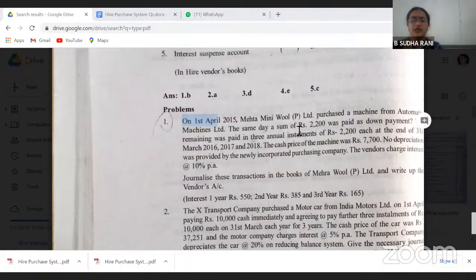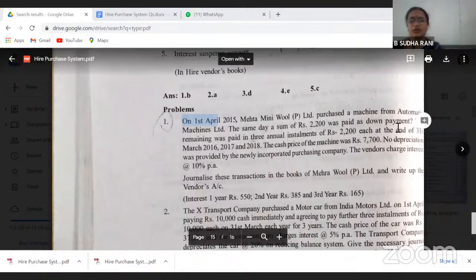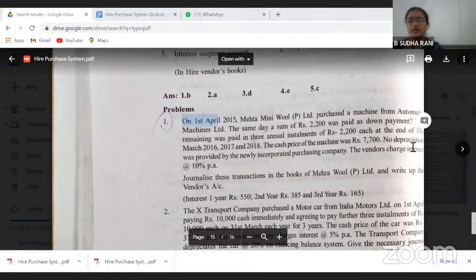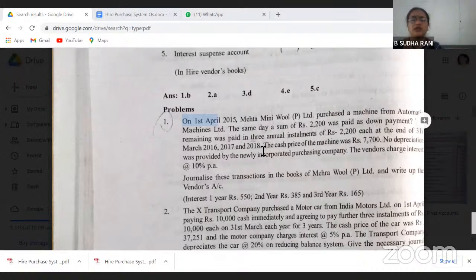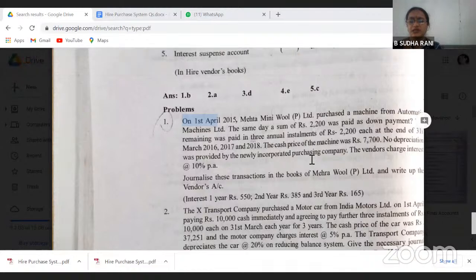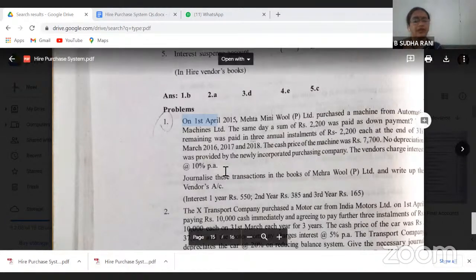The same day, a sum of rupees 2,200 was paid as down payment, and the remaining was paid in 3 annual installments of 2,200 each at the end of 31st March 2016, 17 and 18. The cash price of the machine was 7,700, and no depreciation was provided by the newly incorporated purchasing company, the vendor charging interest at 10% per annum.